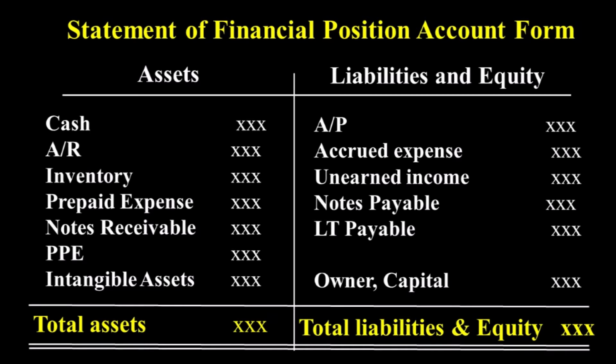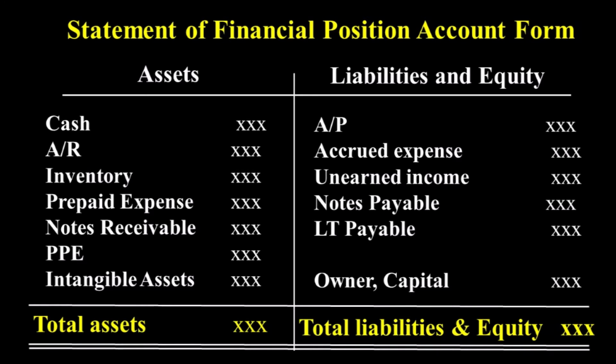We can see on the left side of assets, the account titles according to the order of liquidity: cash, account receivable, inventory, prepaid expense, the notes receivable, and then the PPE, and the last is the intangible assets, and then the total assets are summed up.